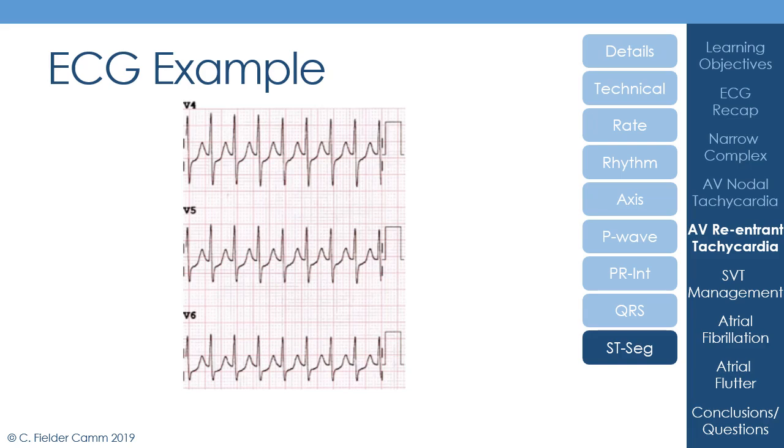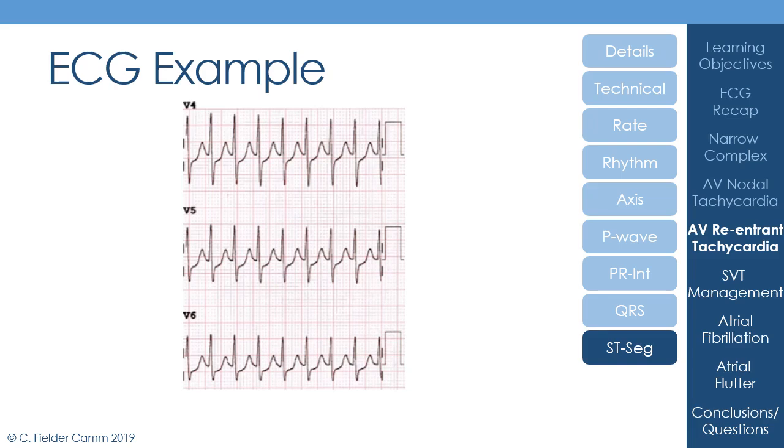Normally we would use the PR segment as your isoelectric line, but there probably isn't a clear PR segment here, given what we've just been talking about. But we can take that point just before the QRS complex starts, and then look at that ST segment. It's quite depressed, quite downward compared with that baseline. So there's some ST segment depression here.